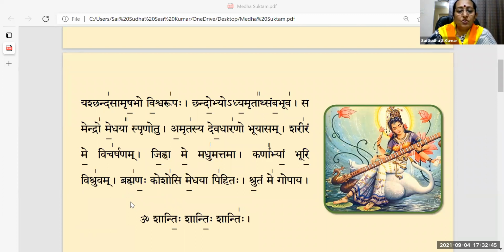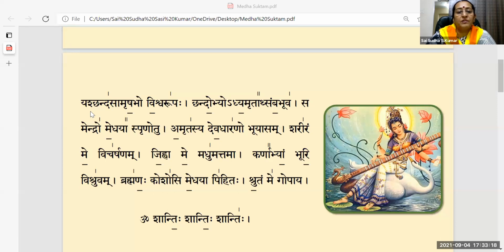Please note that there are three types: sa, sha, and sha. Here it is sha. Yash chandasa. Cha is a Mahapran letter. We have to be very careful about the Alpapran and Mahapran during the pronunciation.